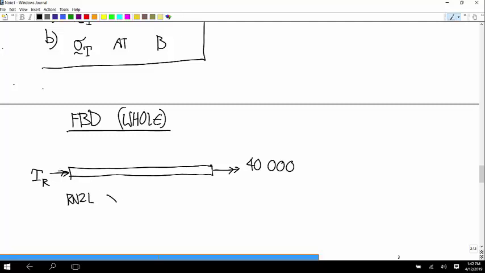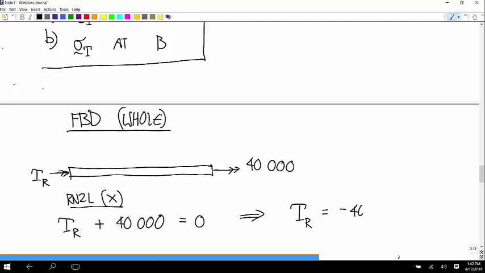The moment equation about the x-axis says TR plus 40,000 is equal to 0. So that reaction torque is negative 40,000.